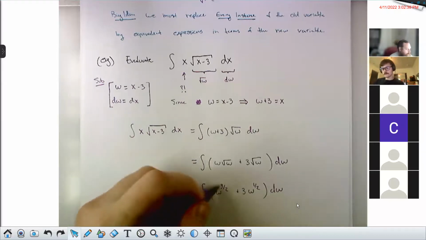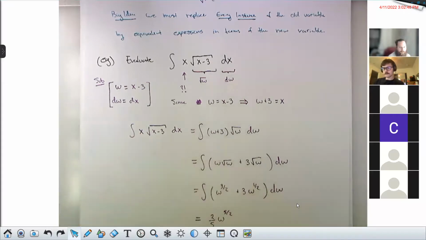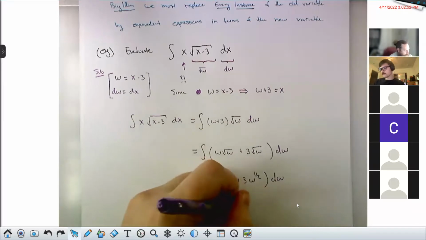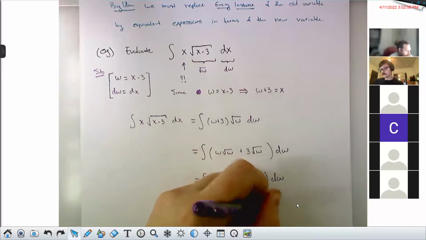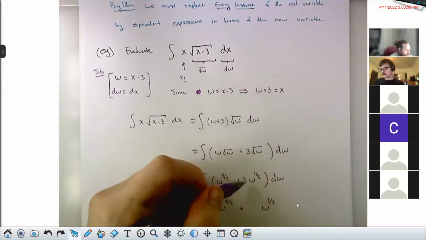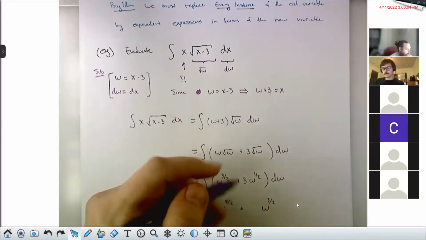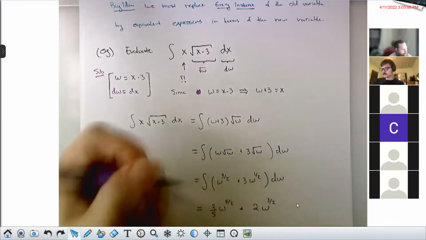If you add 1 to the power 3/2, you get 5/2. So I'll have w to the 5/2, and we need to multiply that by 2/5. That's the same as dividing by the 5/2 power, plus w to the 1/2 will integrate to w to the 3/2, again adding 1, and then I've got a 3, and I'm dividing by 3/2 or multiplying by 2/3, so that will become just a 2.